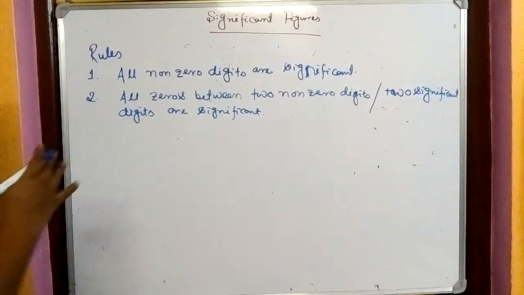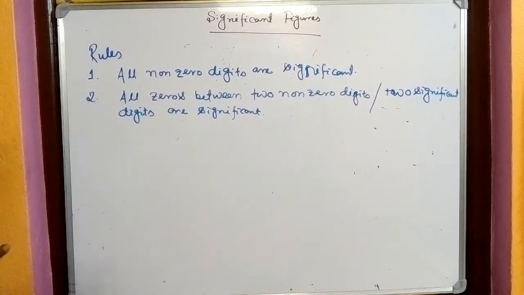What does it say? All zeros between two non-zero digits or two significant digits are significant.